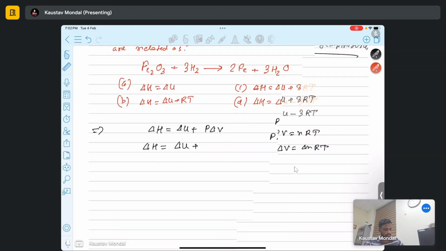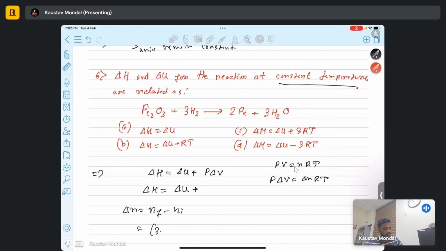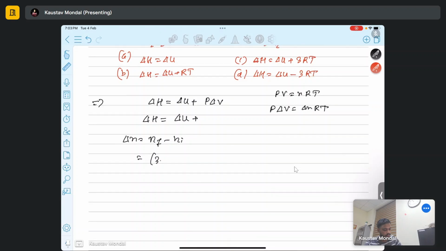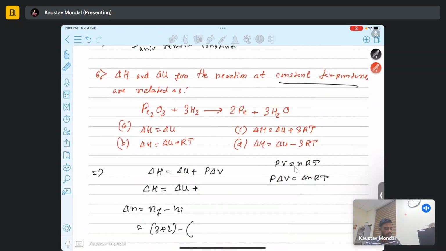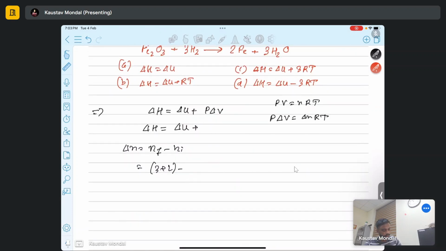For here, delta N will be NF minus NI. NF is the final moles, that is 3 moles of Fe plus 2 moles of Fe plus 3 moles of H2, minus NI, Fe2O3 that is 1 mole, and 3 H2.